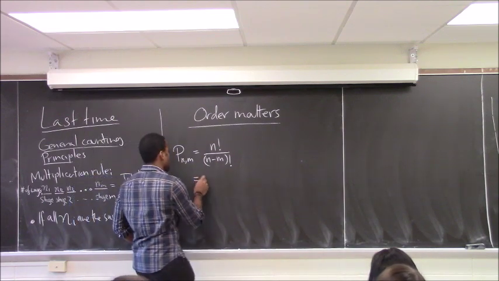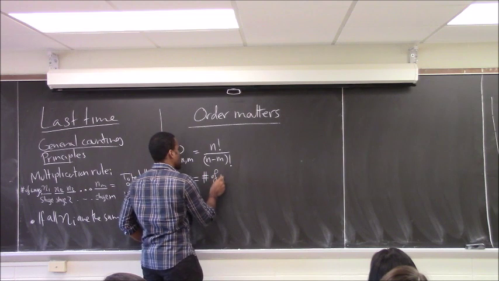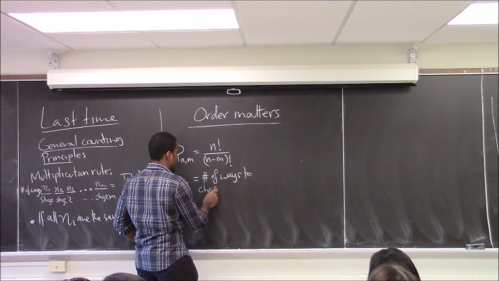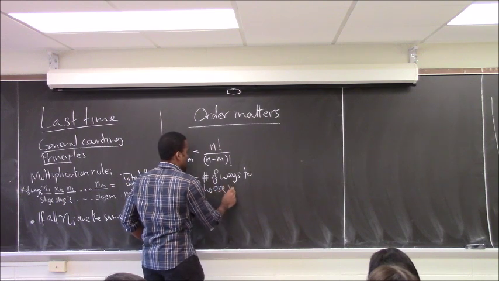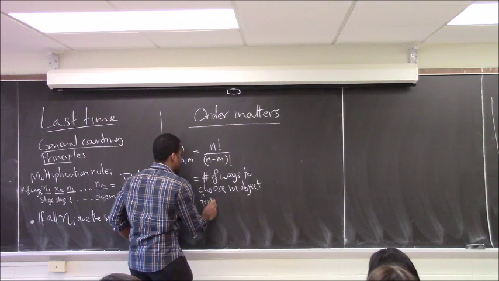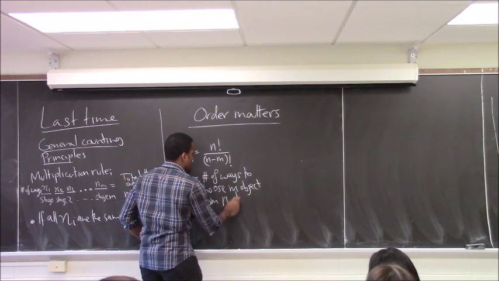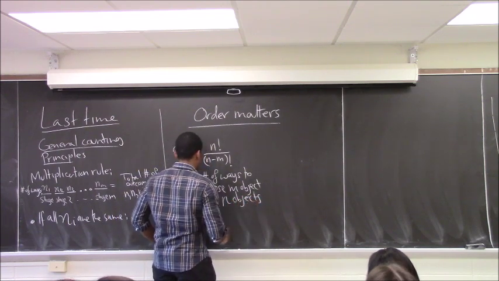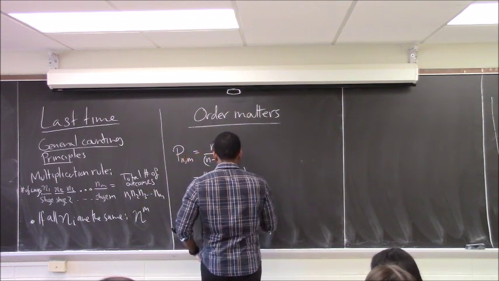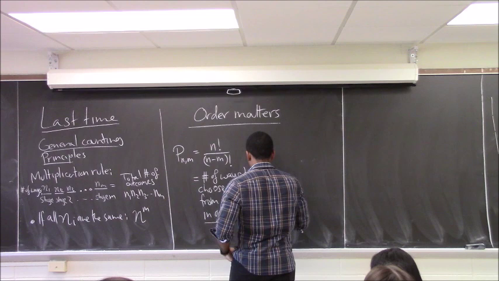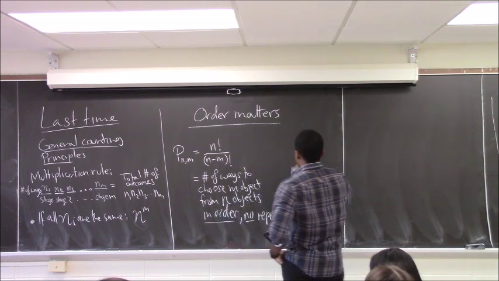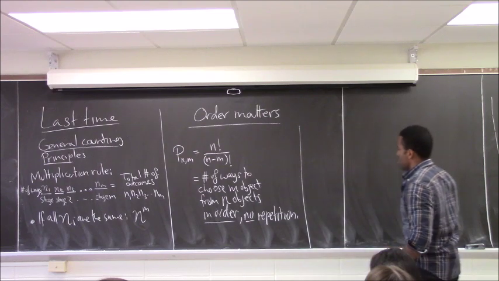And this was the number of ways to choose m objects from n objects in order with no repetition. So that was an important number that we learned.